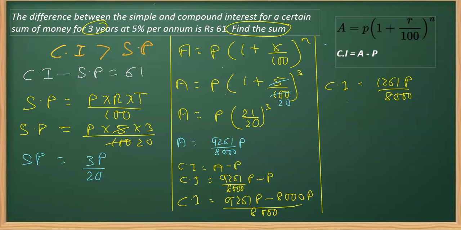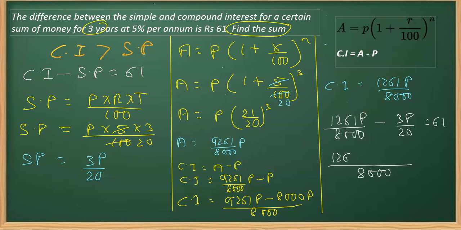So let's see, CI, we have got CI as 1261P over 8,000, minus the simple interest, that is 3P over 20, is equal to 61. Now, if I take LCM, the LCM is going to be 8,000.